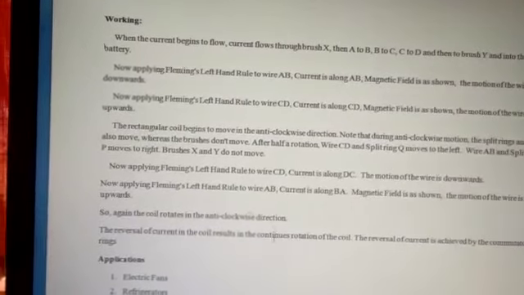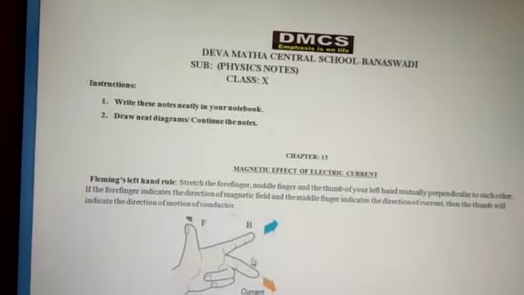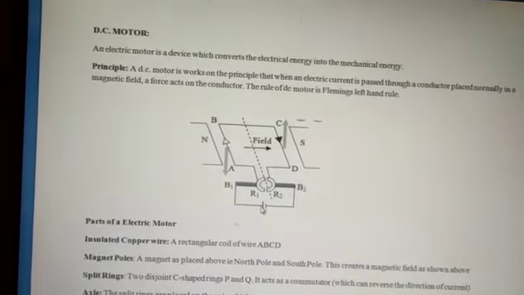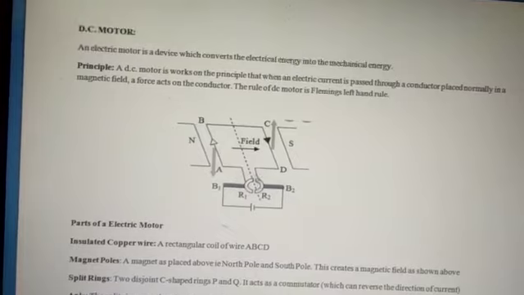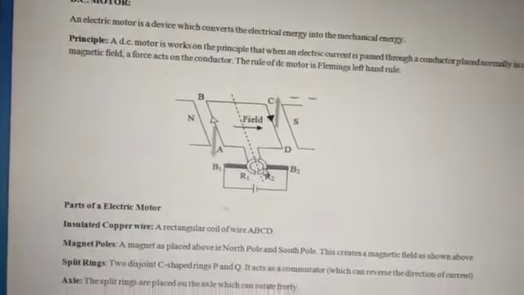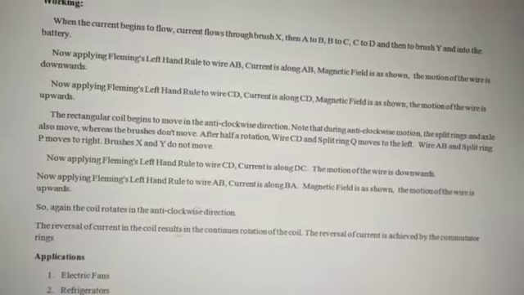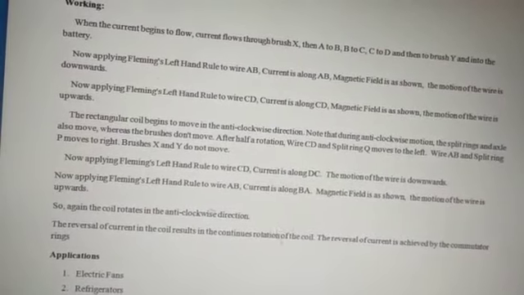Even if you go on reversing the current, the positive becomes a negative and the negative becomes a positive. By using the commutator, we can change the direction of the current. The reversal of the current in the coil results in the continuous rotation of the coil.